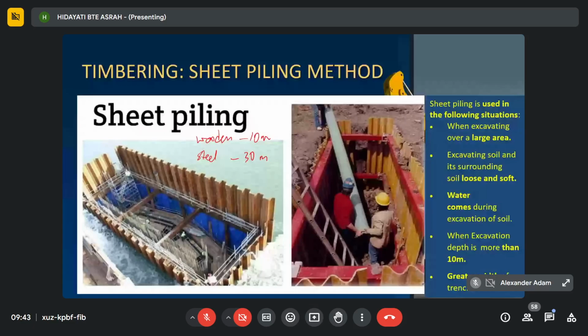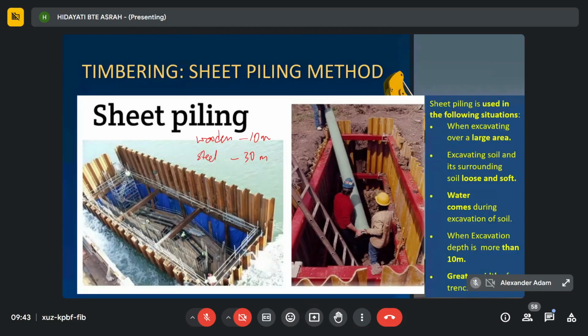When you are going to use sheet piling, it is usually used in the following situations. When you excavate over a very large area, you can suggest sheet piling for timbering to prevent the side soil from collapsing.